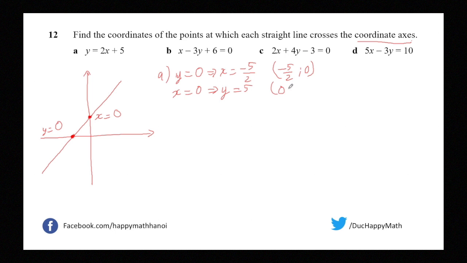The point is 0 and 5, the y-intercept. In the same way with b, substitute y equal to 0 first, and you will get x equal to minus 6. The point is minus 6, 0. X equal to 0, y equal to 2. So 0, 2 is the y-intercept and minus 6, 0 is the x-intercept.